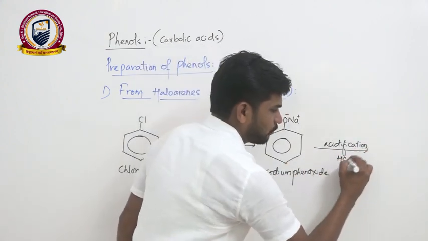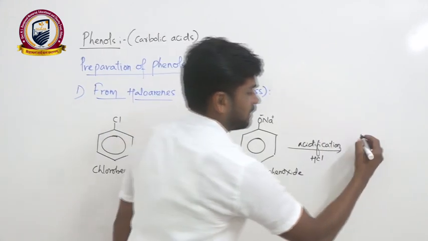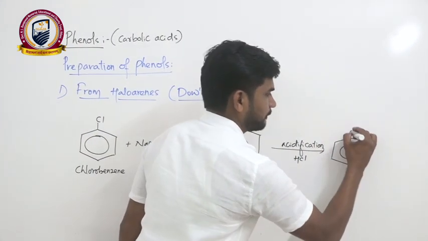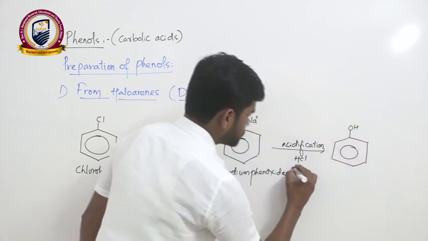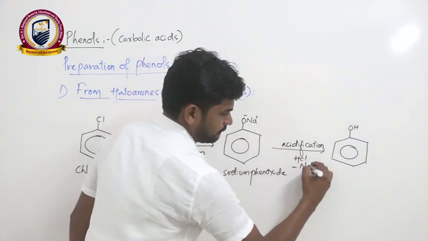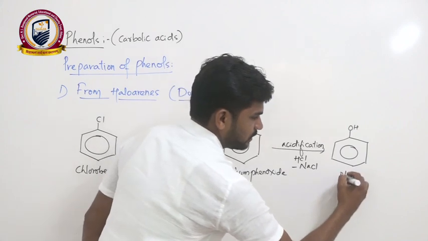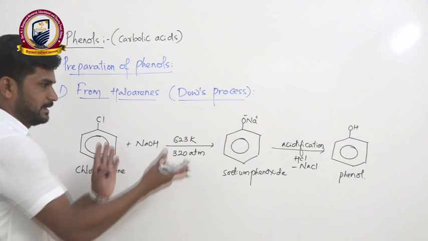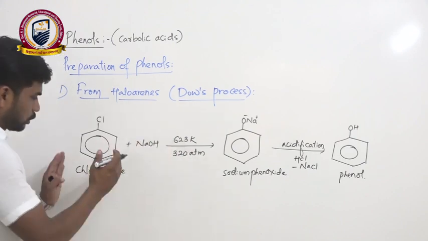In the presence of, you can take aqueous HCl as an acid, and the formation takes place of the corresponding compound phenol, with the elimination of NaCl. Right? So this is called phenol. And the method is known as Dow's process.